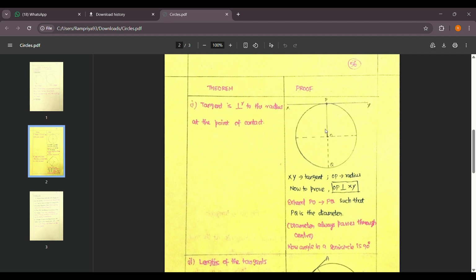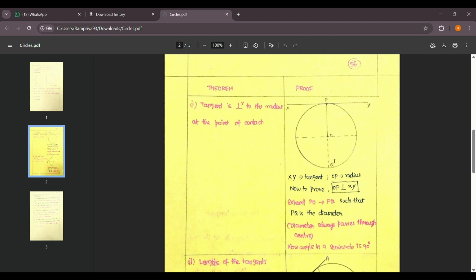Now you have to prove OP is perpendicular to XY at the point of contact P. Point of contact means the point where the tangent and the radius intersect, which is P. So OP is perpendicular to XY. This is what you have to prove.